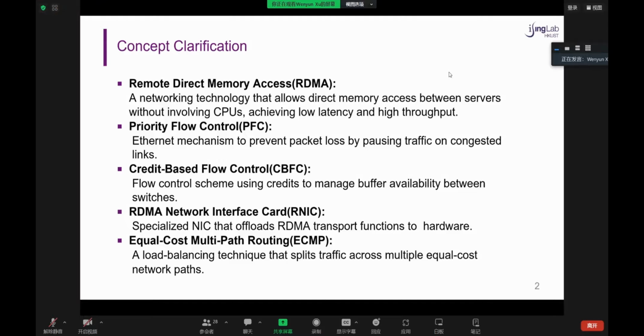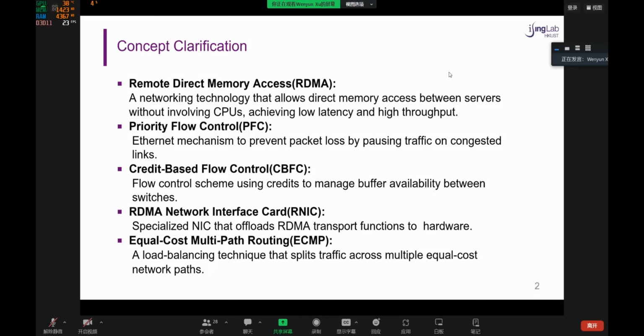First, RDMA, or Remote Direct Memory Access, is a networking technology that allows one machine to directly read or write another machine's memory without involving the CPU. This enables extremely low latency and high throughput communication, and is widely used in modern data centers.